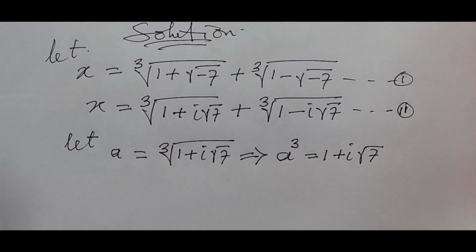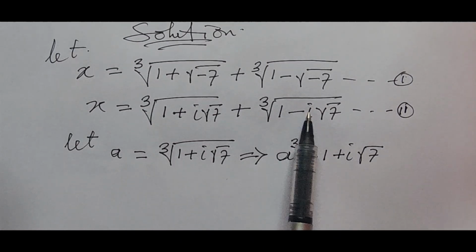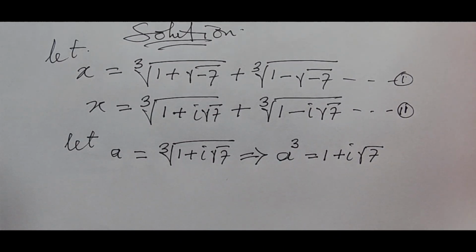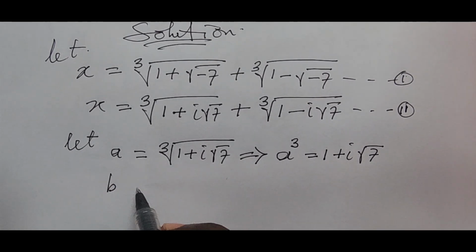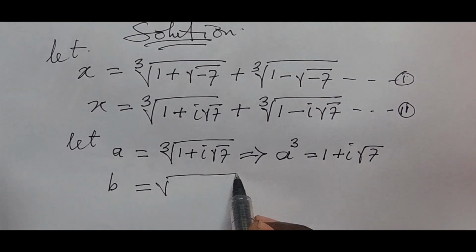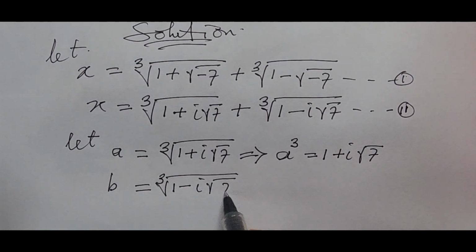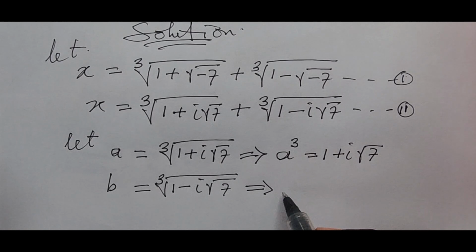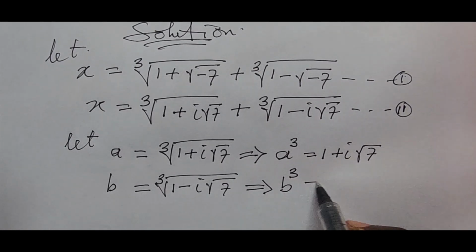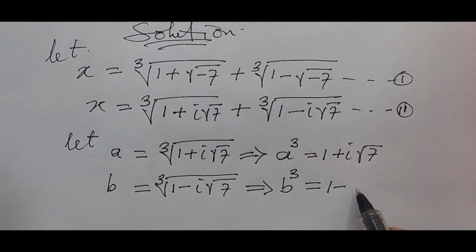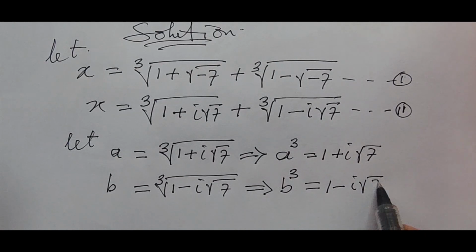So we bring another alphabet to represent this, and we're going to use the closest alphabet, which is B. So B will be equal to the cube root of 1 minus i root 7, which means B to the power of 3 is equal to 1 minus i root 7.